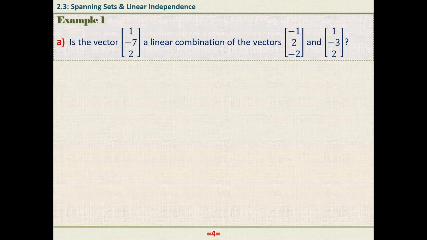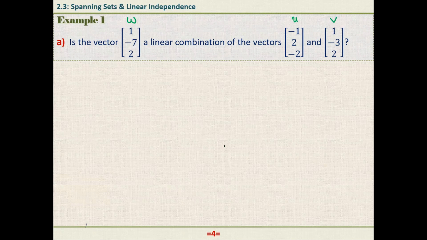Let's start this section with this question. Is the vector (1, -7, 2), let's call it W, a linear combination of the vectors, let's say this one is U and this one is V?